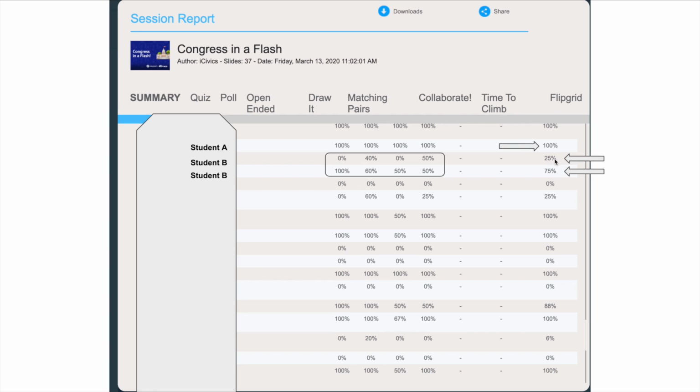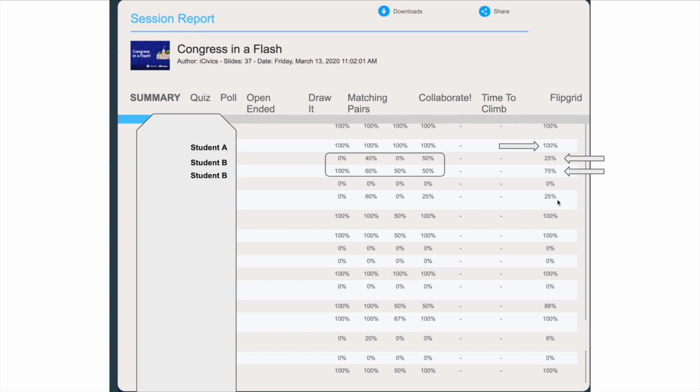Now, if you look down here, some of these students, this student, for instance, only participated with 25% of the assignment. They didn't do any of the first one. They only did 60% of the second one. They didn't do any of the test, and they only participated with 25% of the last little assignment that's in this first Nearpod lesson.